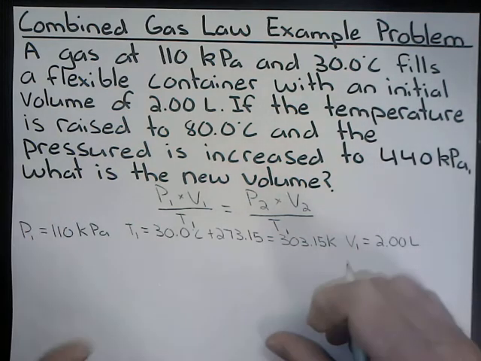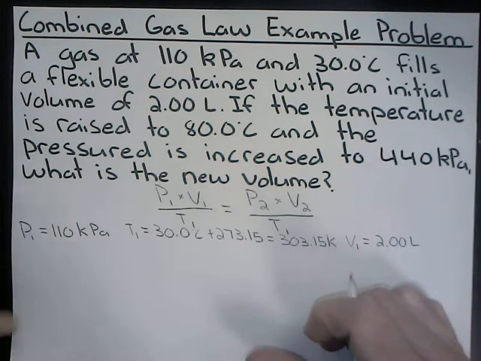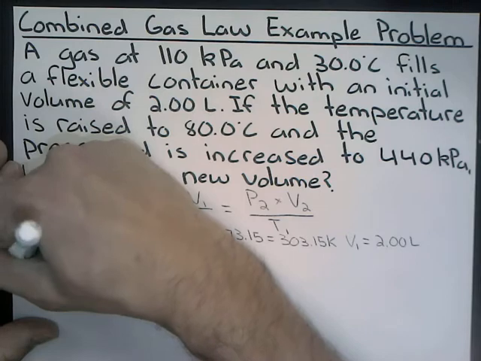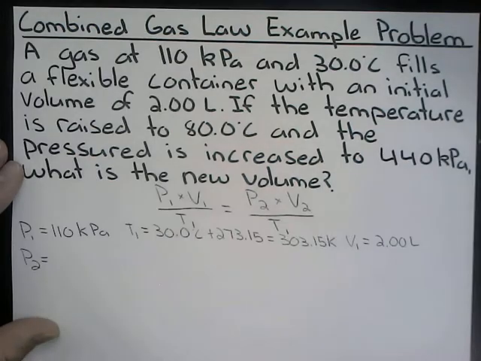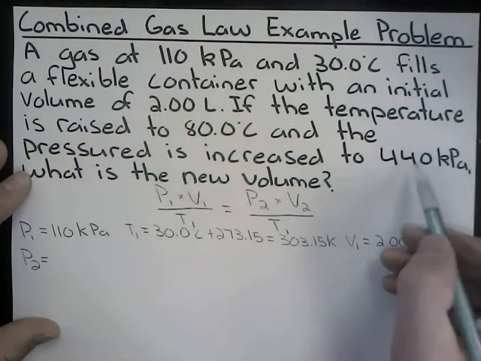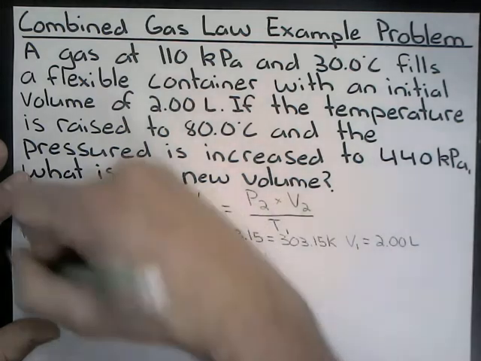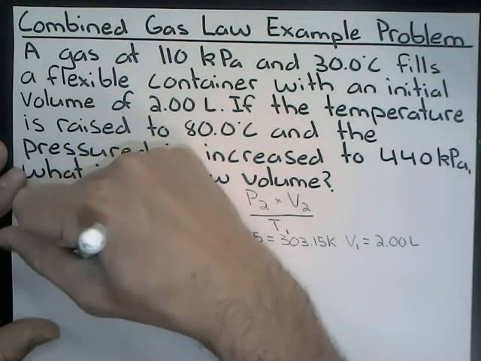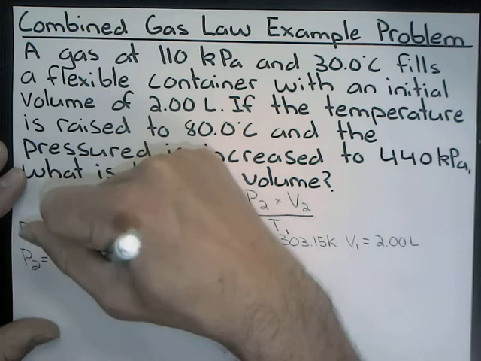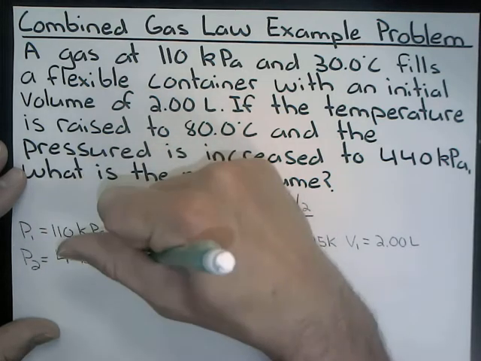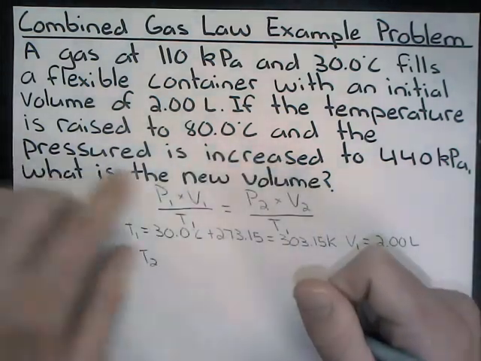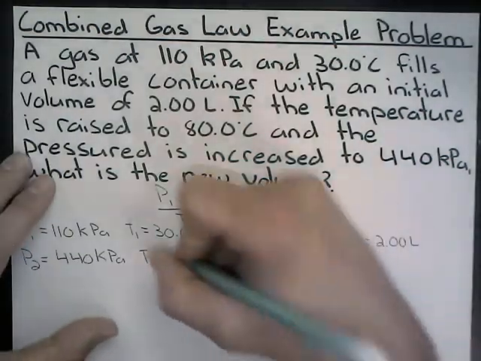Okay. Now we do the same thing for our second values, or our final values. So our second pressure, when we increase the pressure here, we increased it to 440 kPa. So 440 kPa. And our temperature is raised to 80 degrees Celsius.